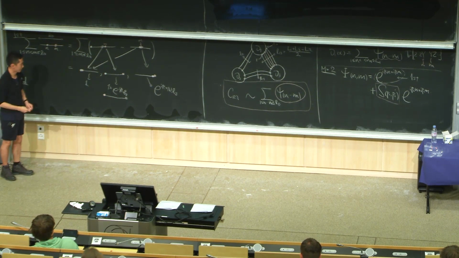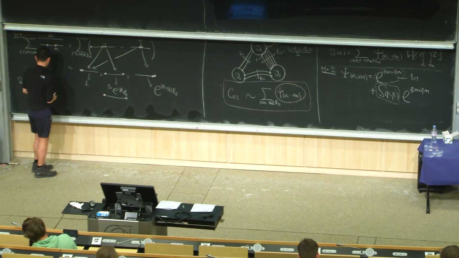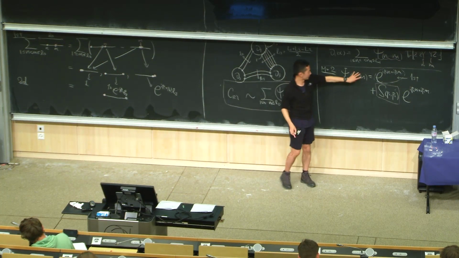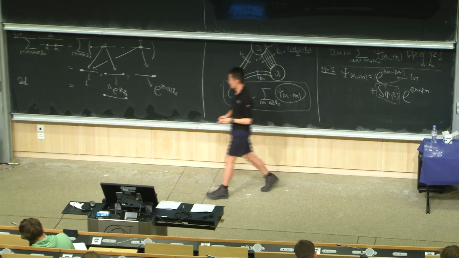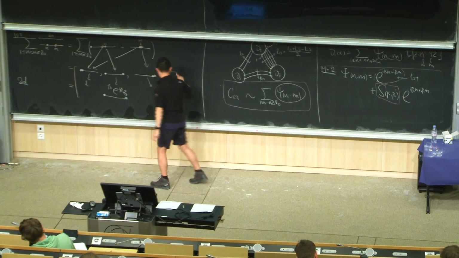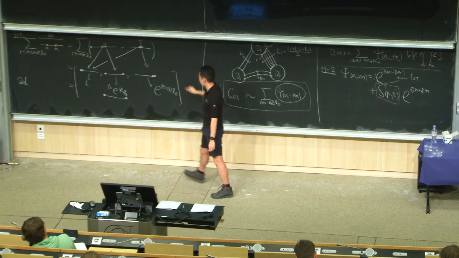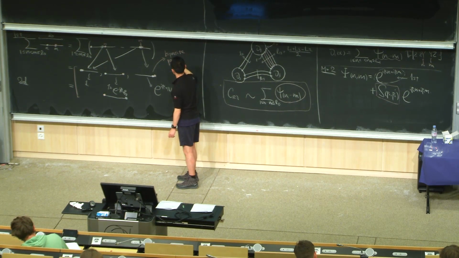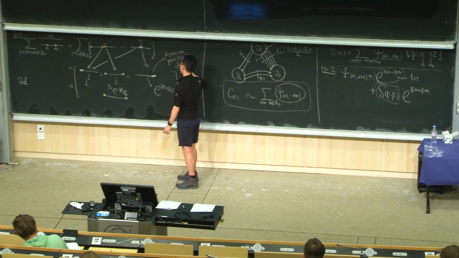Okay? So in summary, the final result of the sum over n, m for this wave function produces 4 different structures, and these 4 different structures basically correspond to bipartite partitions of rapidities, of particles.